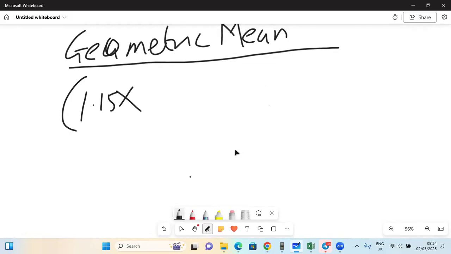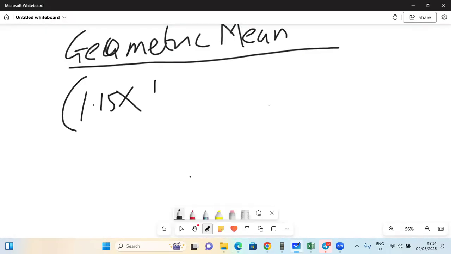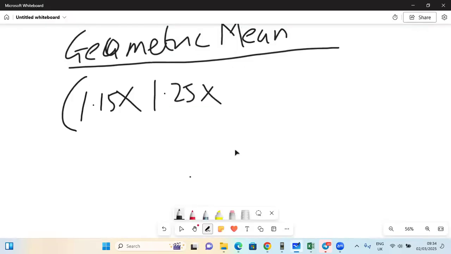Multiply it by the second one. The second one is 25%, which is equivalent to 0.25. So 1.25 times the next one. The next one is -20. So 1 plus it is going to be 0.8.